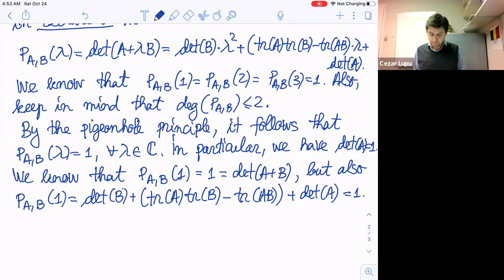All right. So we know that this is also 1. But we know that the determinant of A is 1.